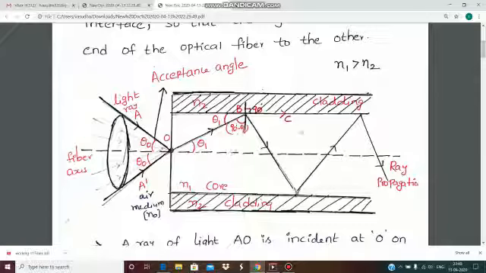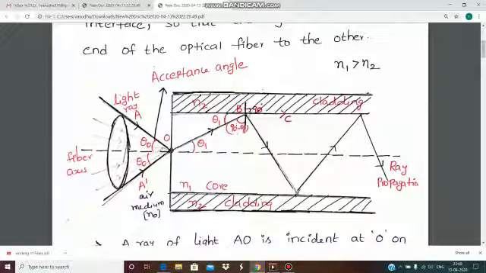Light should travel from denser to rarer medium. Here the core acts as the denser medium and the cladding acts as the rarer medium. Next, the angle of incidence at the core-cladding interface. Here it is the incident angle. What is the critical angle? It is the angle of incidence at which the angle of refraction is 90 degrees.